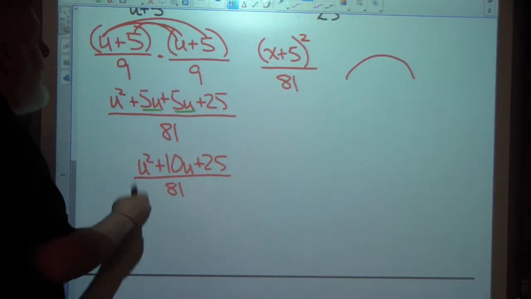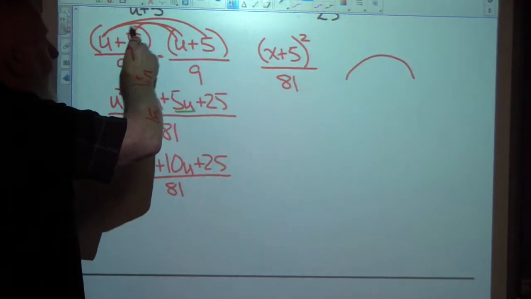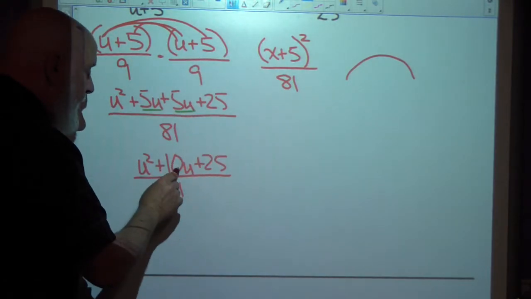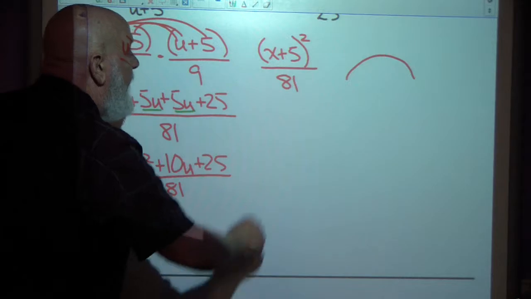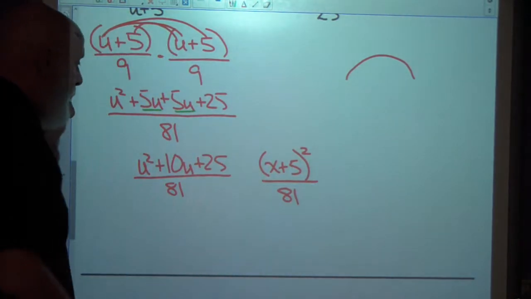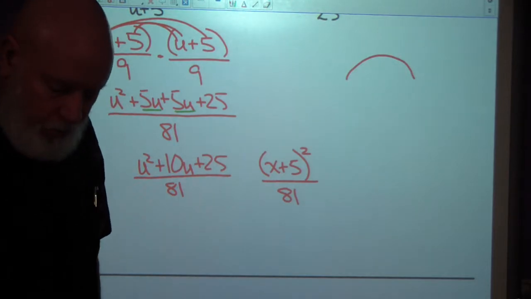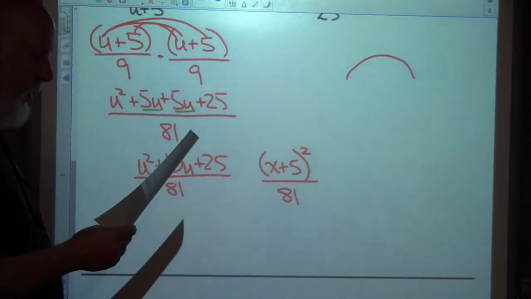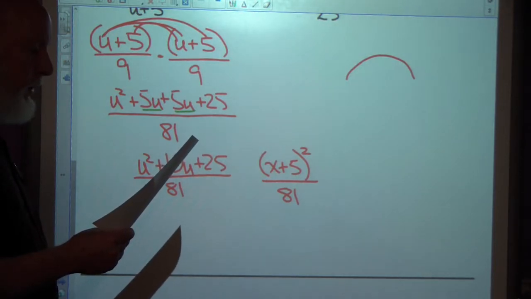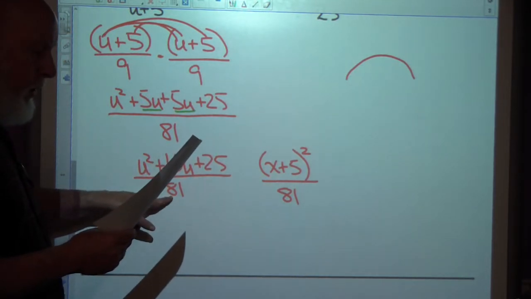But in the event that they went ahead and multiplied it using FOIL, you would get this. And now I'm going to see which one the answer key goes with. U squared plus 10u plus 25 over 81.